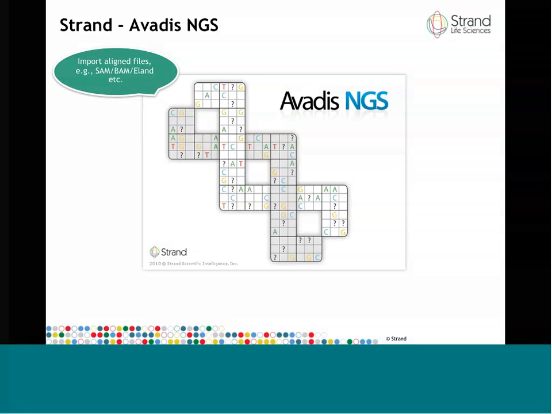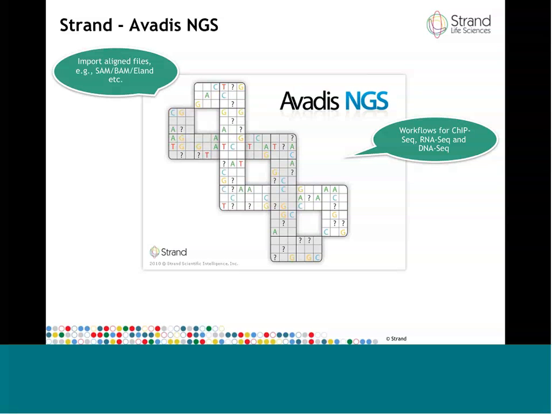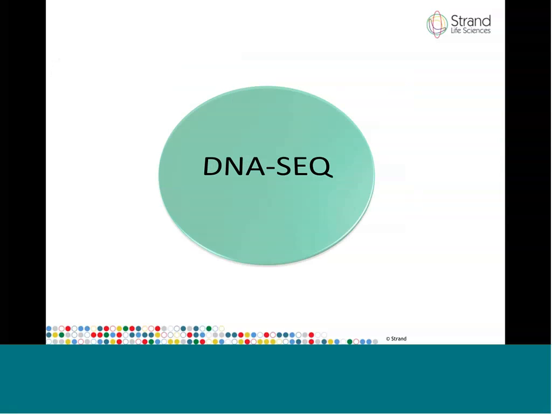If you're using the Illumina eLand aligner, then the eLand output text format is also importable into Avadis NGS. And Avadis NGS has 3 different workflows: ChIP-seq, RNA-seq, and DNA-seq. For the rest of this presentation, we'll be focusing only on the DNA-seq part of Avadis NGS.